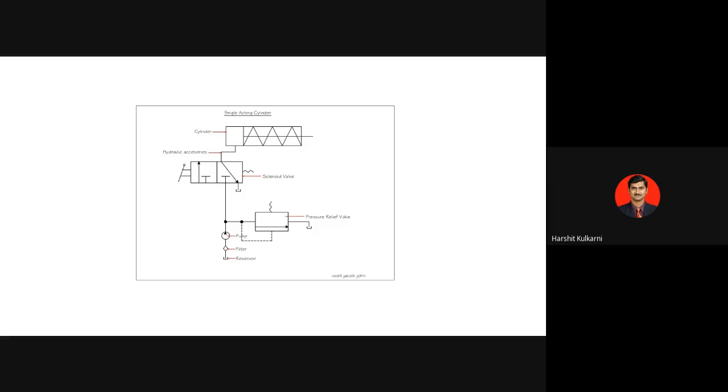At that time, what will get actuated? Can you tell me? After the end of the extension stroke, what should get actuated? What valve should get actuated? Yes, please.